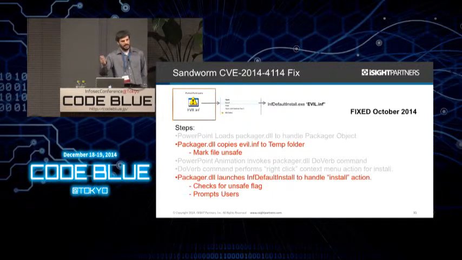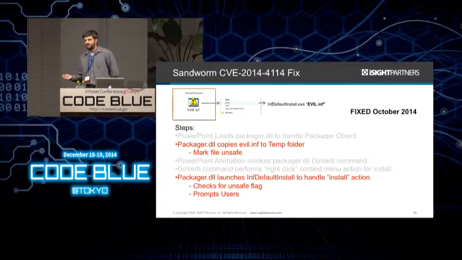So later on in this chain of events, when the INF default install program starts up, one of its jobs is to say, hey, I need to make sure that any INF files that I'm going to be handling need to be safe. So it by default checks, is there an unsafe flag set on that INF file? In this case, there is an unsafe flag, and therefore it's going to prompt the user.